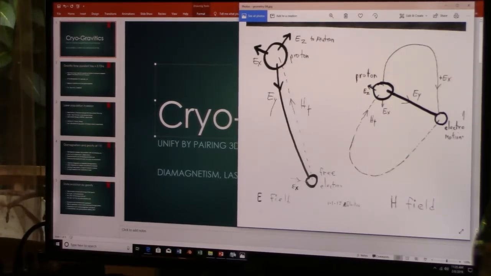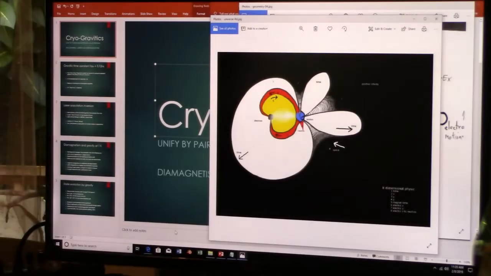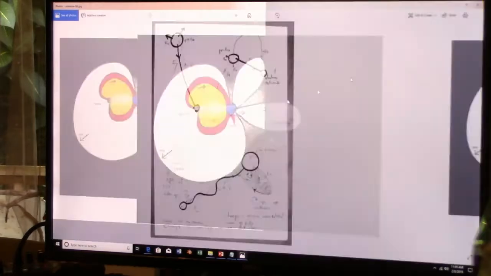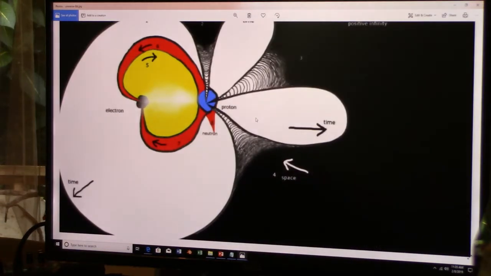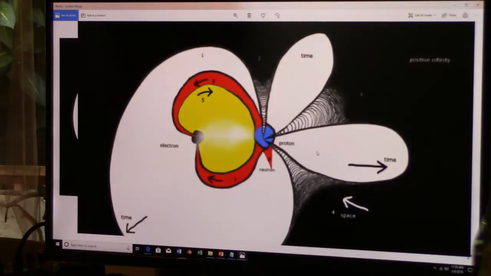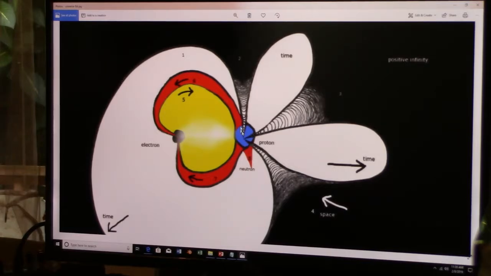Now, another way to show this is by using this picture here. Now, this one we could say is like the whole universe for 1 proton. And here you see the blue proton in the middle with the 4 dimensions. X, Y, and Z are these black spaces flowing into the proton.